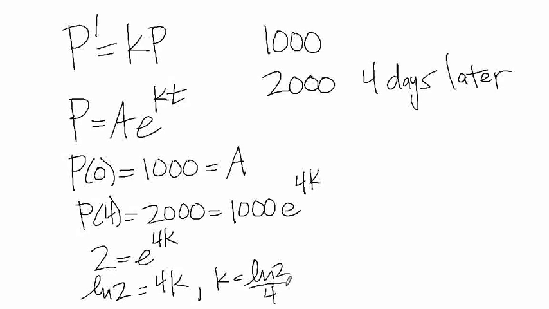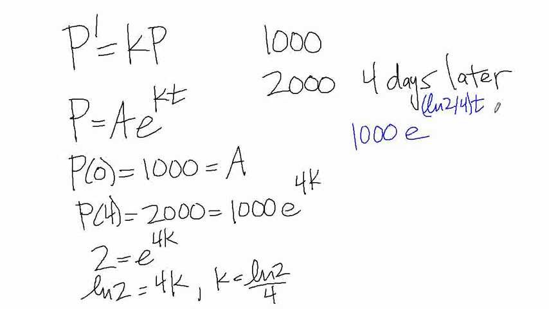And now I can express the function that the biologists are looking for. So what do we have? We have 1,000 times e to the ln of 2 divided by 4 times t.